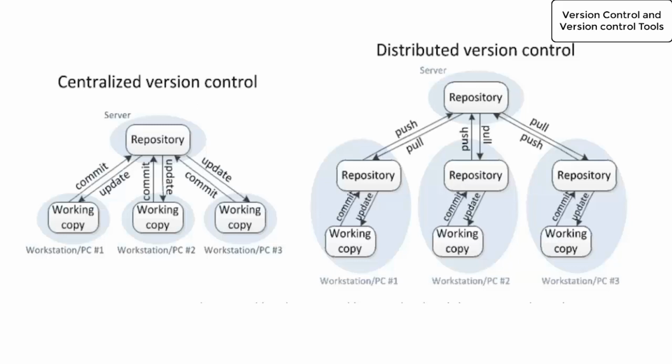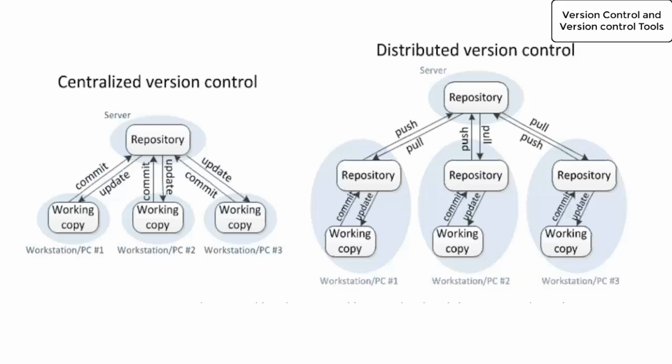In this diagram which is presented before you, we have two kinds of version control system, the centralized version control and distributed version control. Both are doing the same job, but the distributed one just adds one more layer to the commit and update process.